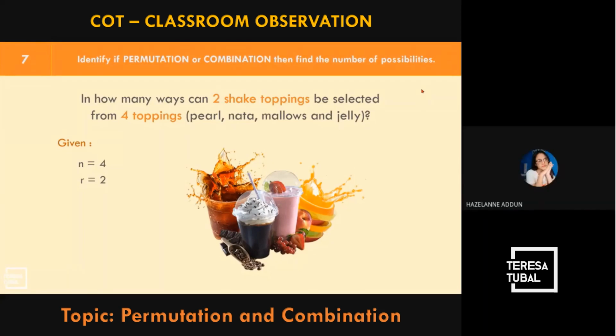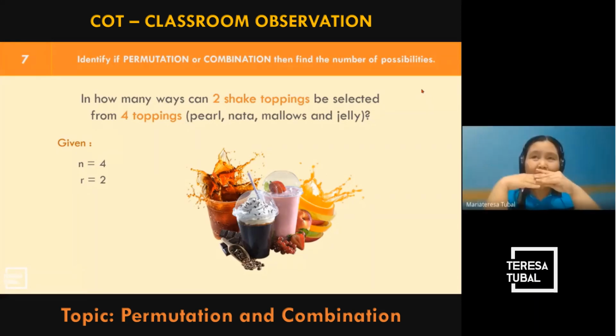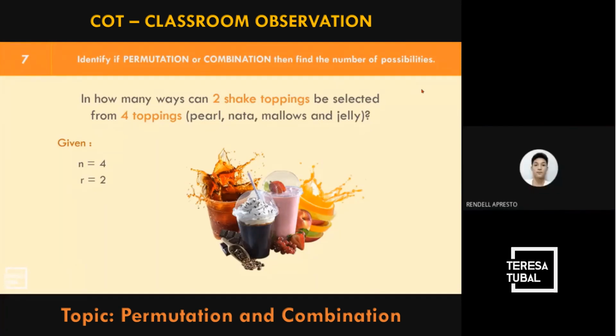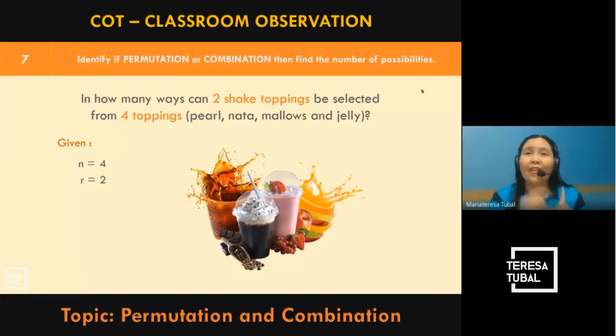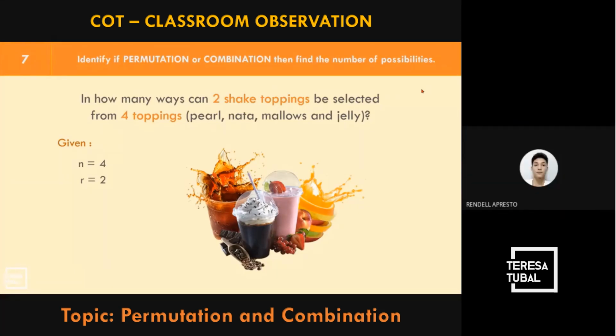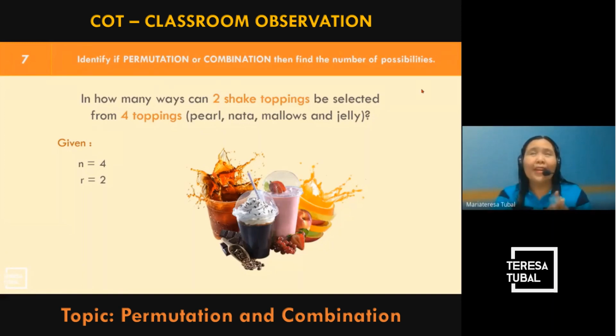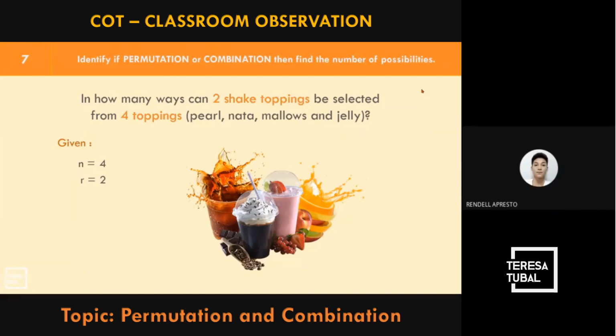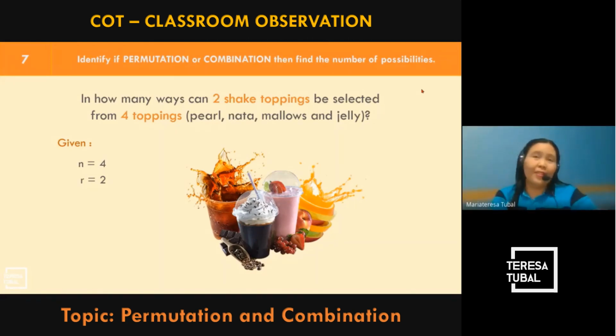Kasi parang permutation po, kasi yung order niya po, kung anong toppings. Okay, meron na tayong dalawang combination, one permutation. Yes, Apresto? Para sa akin, ma'am, permutation, kasi naghahanap po siya kung ano po yung itatoppings niya sa dalawang shake.